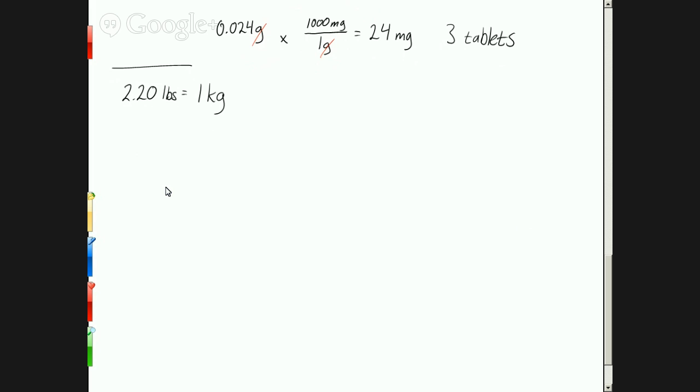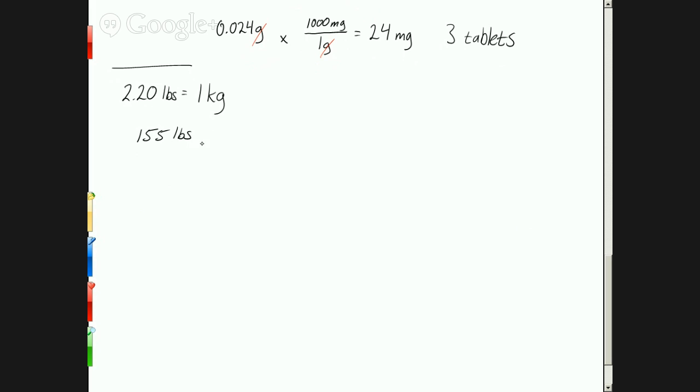All right, so let's say somebody comes in who weighs 155 pounds, and we want to know how many kilograms that person weighs. So we want to find a factor that allows us to do this multiplication as we did before.